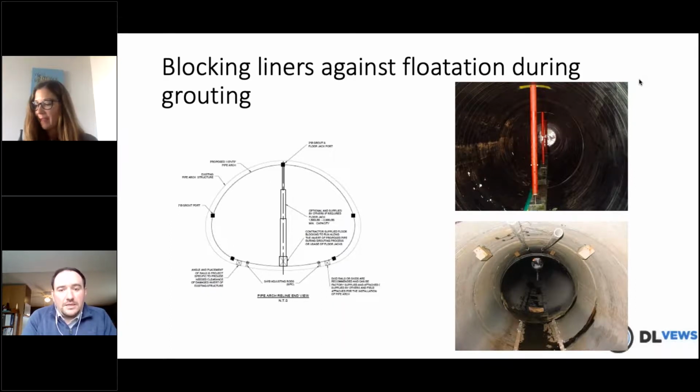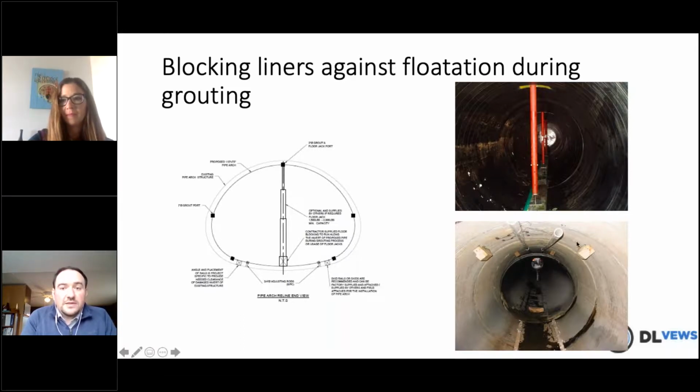I would say immediately, the first step that I might take is shutting down the grouter, right? So stop grouting immediately. If your pipe's floating, most commonly maybe there wasn't enough blocking or any blocking in that scenario.